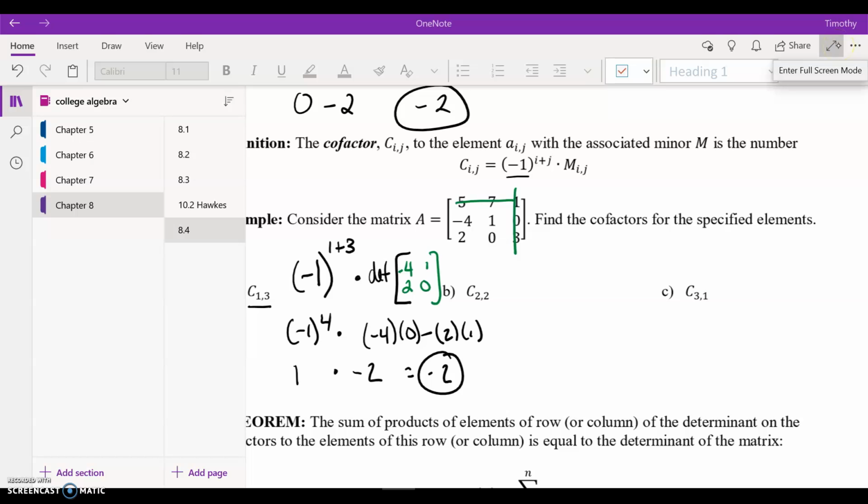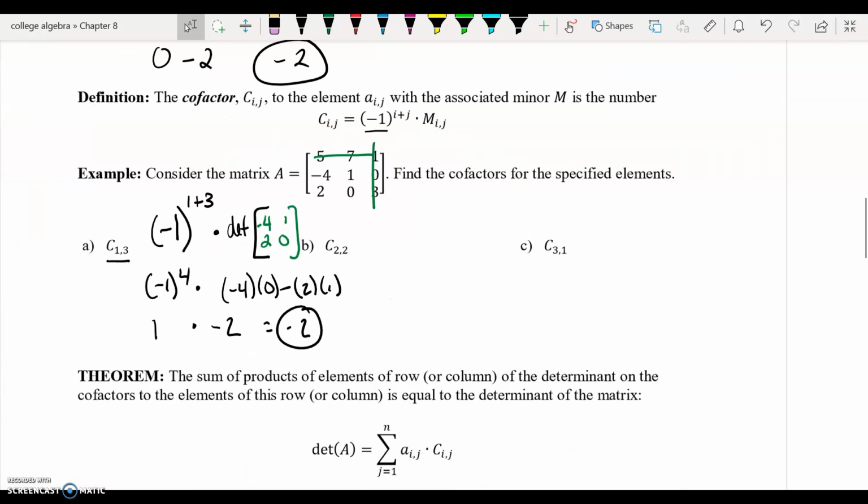Alright, so I'm going to help you guys set up B, and then I'm asking you to do C. So I'm going to take -1 to the 2 plus 2 times the determinant. I'm going to cross out this time row 2 and column 2, and then make my new matrix.